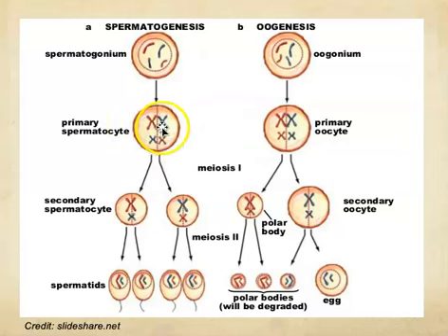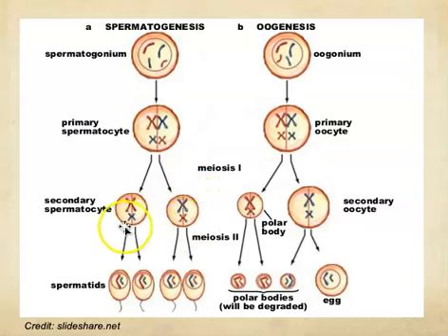Everything on this side is going to go to this end. New nuclear envelopes will be made. A cytokinesis will occur and divide this cell in half. And by the end of meiosis 1, we'll have this, two daughter cells. Not gametes yet, though, because they still have two copies of each type of chromosome. And gametes need one copy of each type of chromosome.